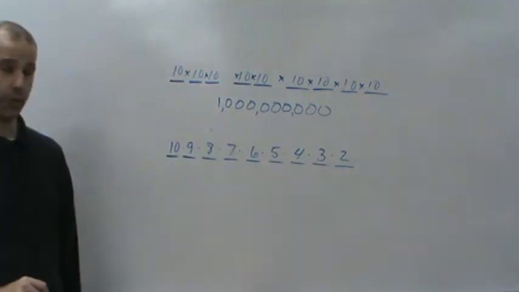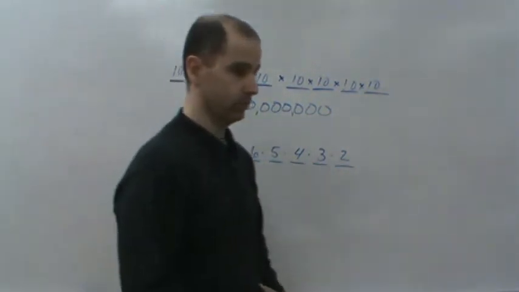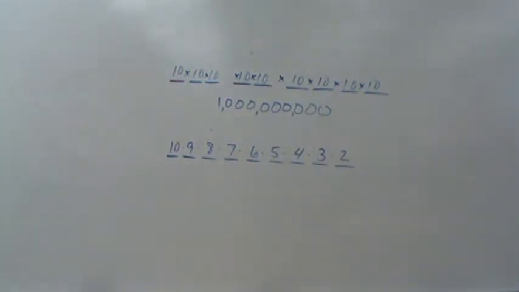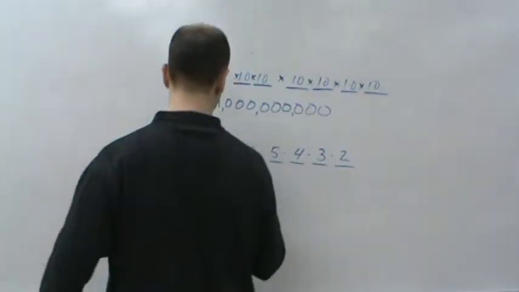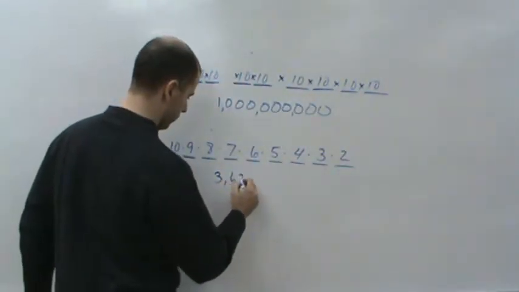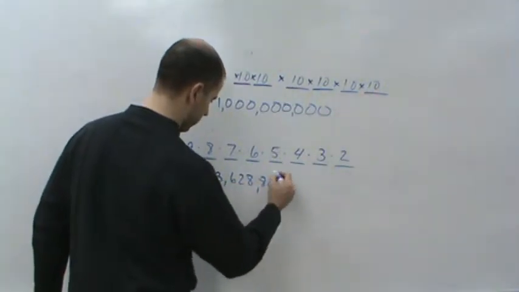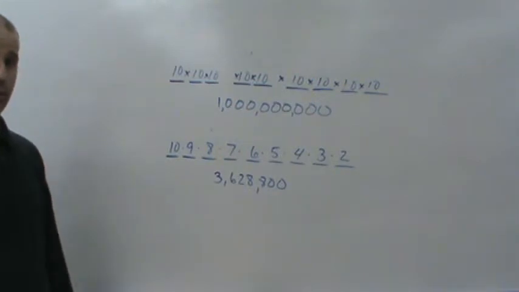And so we're going to multiply all those together, and what do we get? Well, let's find out. We get 3,628,800.